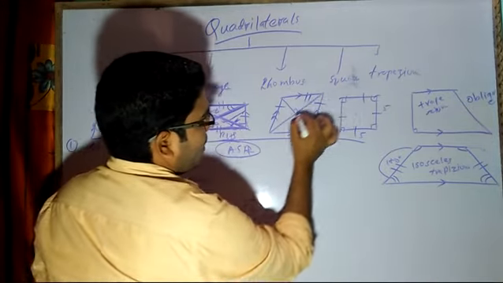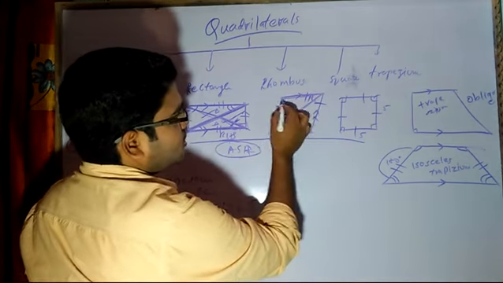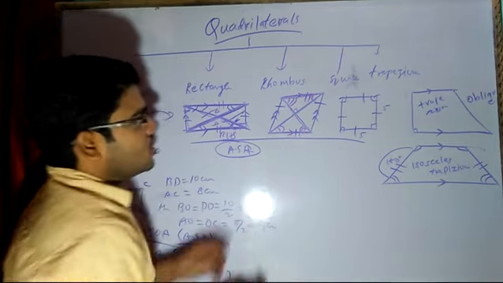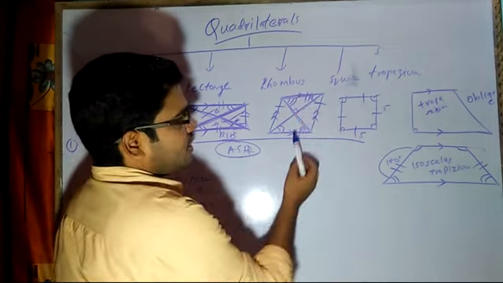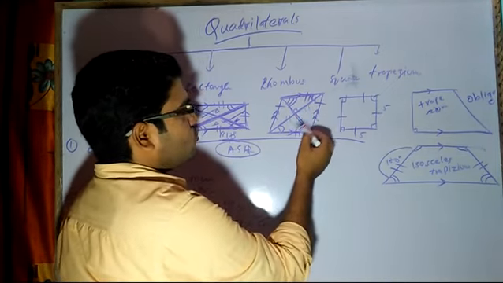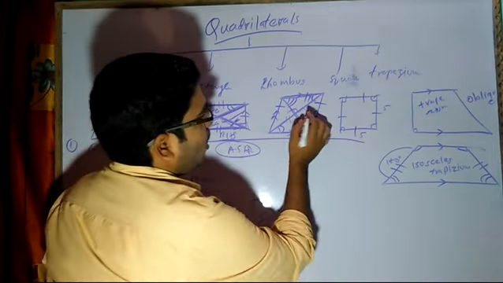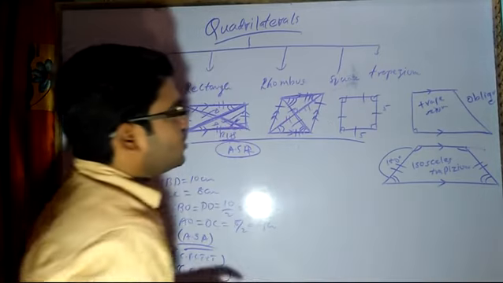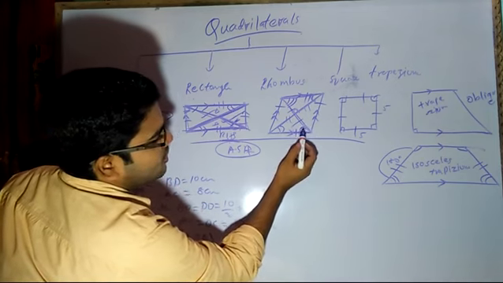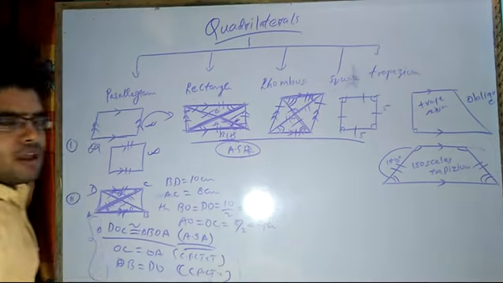Since this line is parallel to this line, I can say this angle is equal to this. Now this angle is equal to this, so this angle will be equal to this angle, correct? Now by CPCT, these opposite sides are equal. We can say that these two are bisected, correct? If it is bisected, now you see how you can say that this is 90 degree. To prove that it is 90 degree, we can take the measurement of these two angles and subtract it from 180.